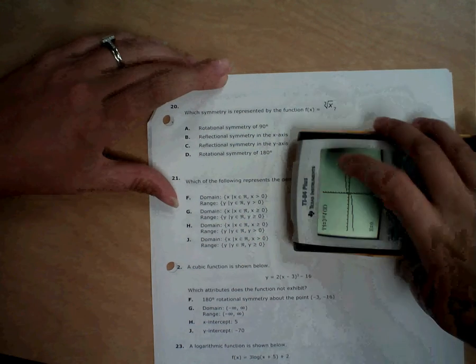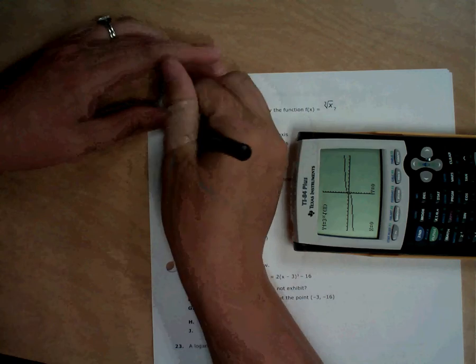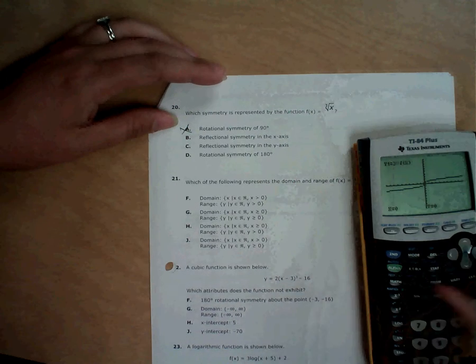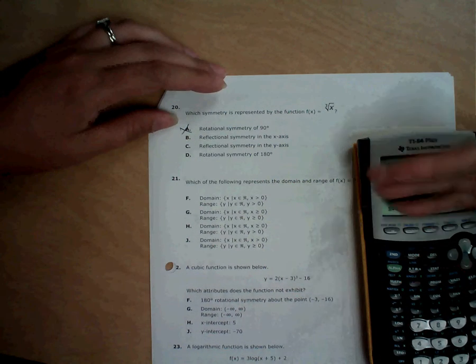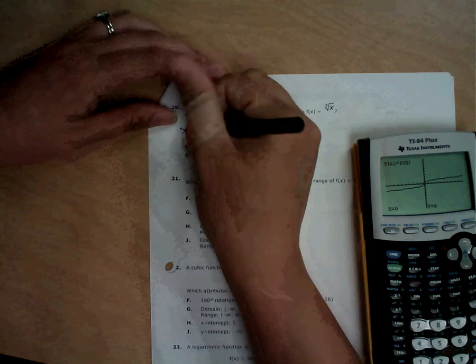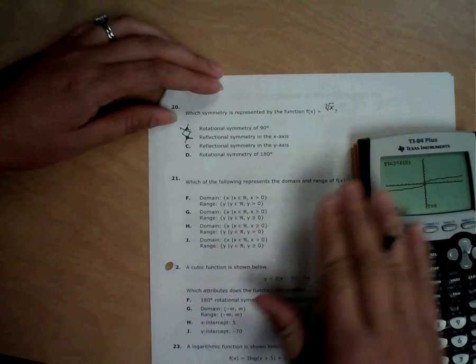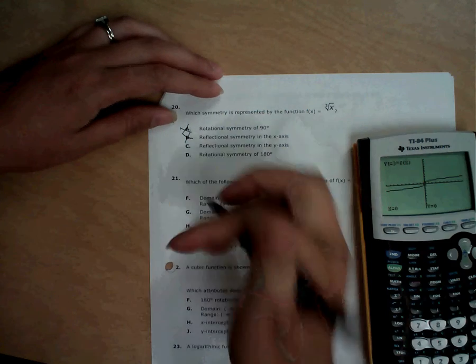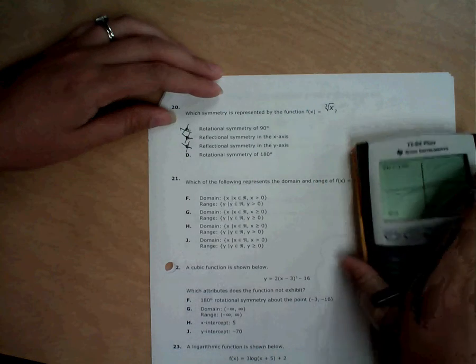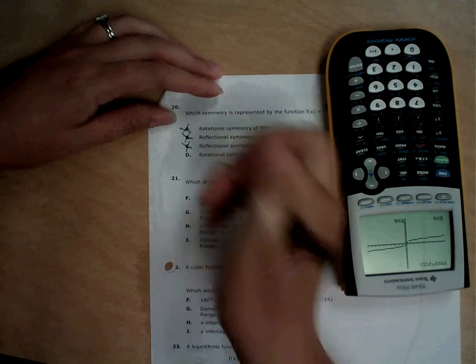If I rotate it 90 degrees, doesn't look the same. Reflectional symmetry in the x-axis, so if I flip it upside down, doesn't look the same. Reflectional symmetry in the y-axis, so if I flip it over here, doesn't look the same. Rotational symmetry of 180, if I flip it all the way upside down, does look the same.